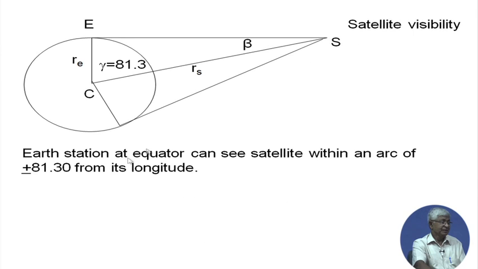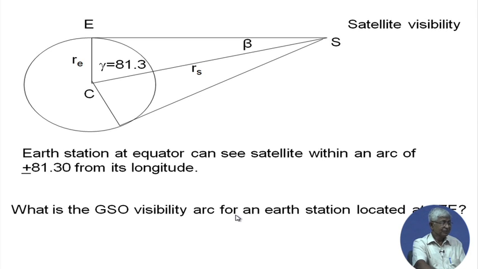So, consider visibility: if a station is at the equator, it can see the satellite in this direction and in the other direction, so it is plus or minus 81.3 degrees from its own longitude.